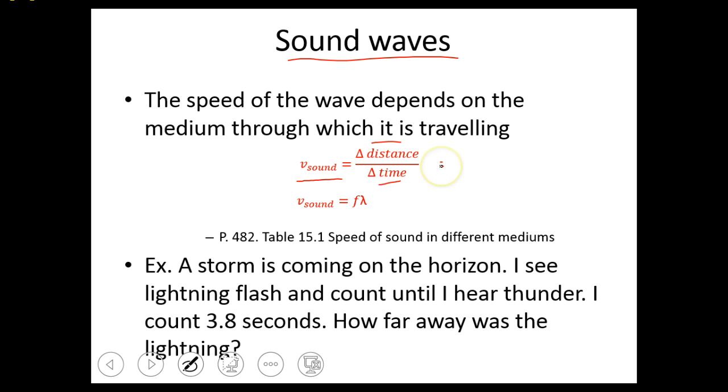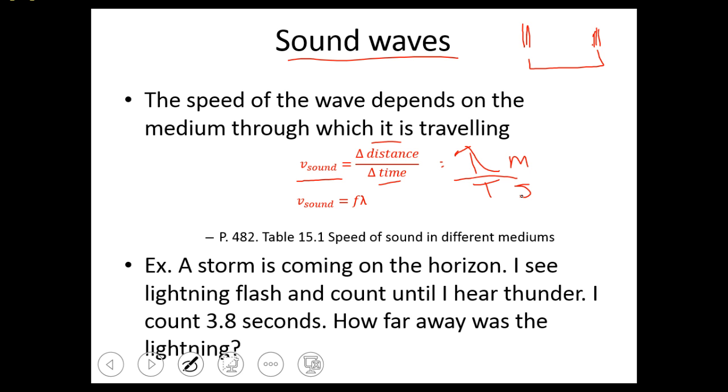We can think about this as the wavelength divided by the period, right? We use the symbol lambda for wavelength. How long is this thing from compressional section to compressional section? And how long does it take for one whole cycle of a wave to pass by any given point in time? This will be in meters per second.